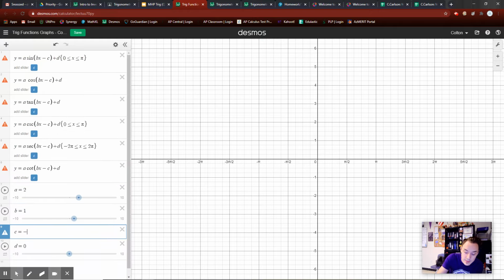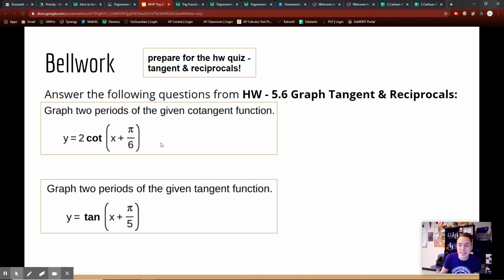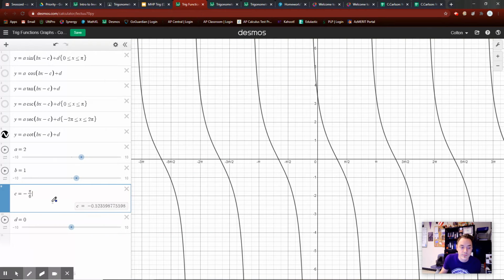So that means minus pi over 6 because I need to make sure I accommodate for that built-in negative. Okay, and I don't have any b or d value here. So if this kind of helps you, your a is 2, your b value is 1, and then your c value is negative pi over 6. That's what I have, okay? And I'm just plugging that into Desmos.